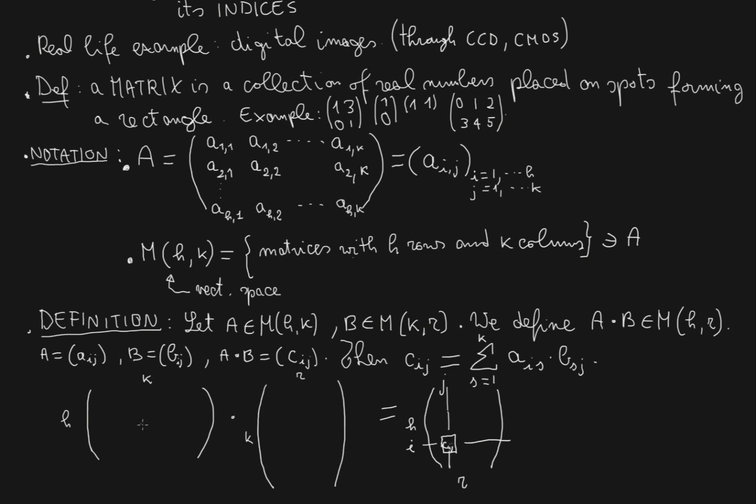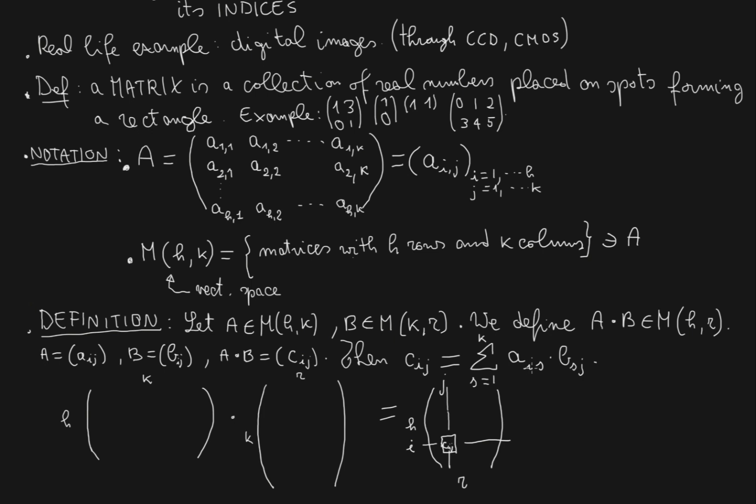So what are the coefficients in these two matrices that concur in computing Cij? We have k scalars from A that all belong to the same row, because you see in the sum it will be the second index that is changing its values. The first index will be fixed, i.